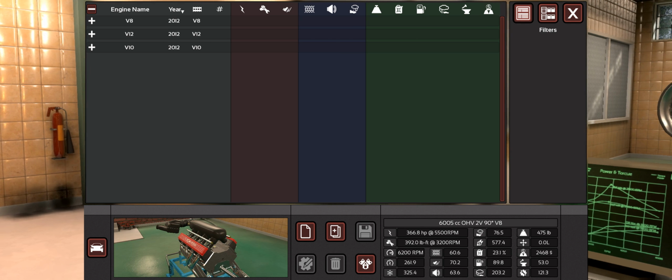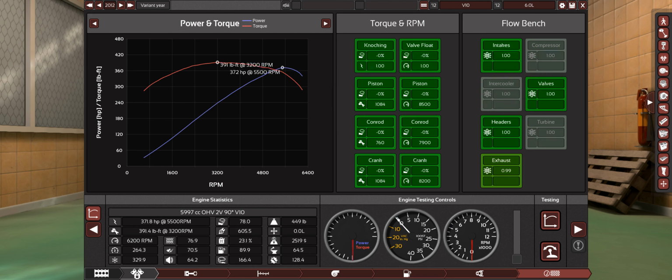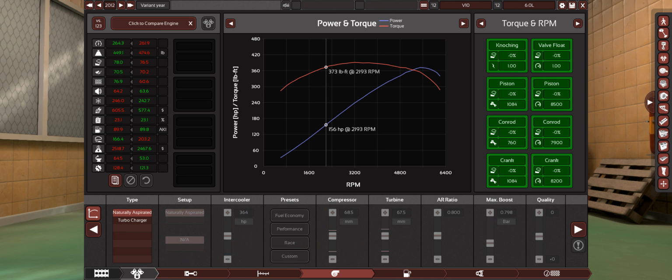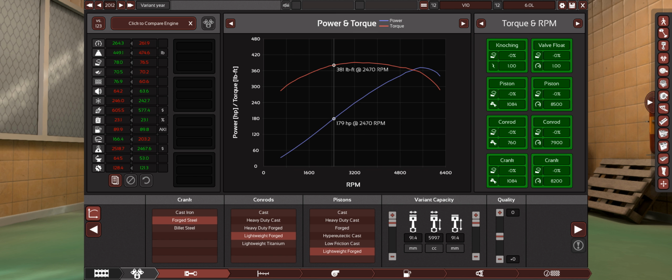Let's back out now, and we're going to take a look at the second engine, the V10, the bigger brother to the V8 engine. Again with a 6-liter displacement, and everything throughout here is the same. Taking a look at this torque curve here, it's a similar rainbow shape, but it does seem to be pushed over a little bit to the right. You're producing a little bit more torque at high RPMs. Not a lot. You probably wouldn't notice the difference in reality.